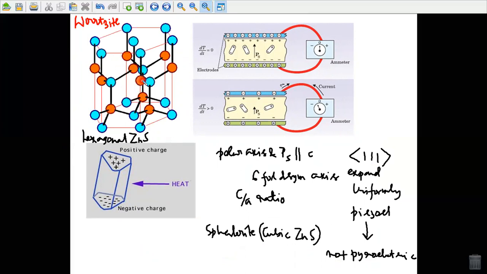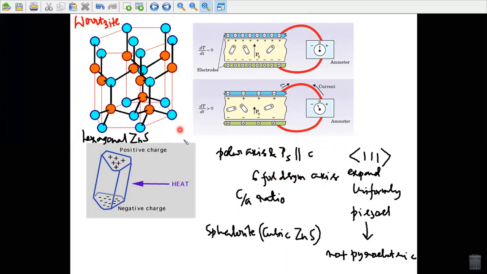What is the hexagonal zinc sulfide structure projected on the 010 plane? This kind of crystal structure turns out to be hexagonal, and the crystal class is 6mm, for which the polar axis and Ps, the spontaneous polarization, are parallel to the c axis and the 6-fold symmetry axis.